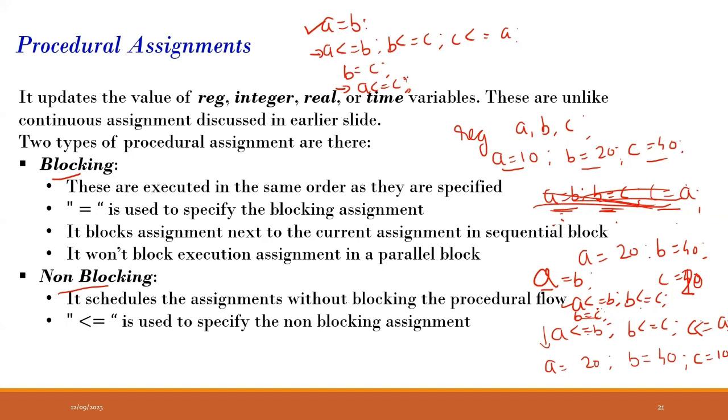This is what I'm thinking, but to verify this, we'll probably have to simulate it. Yes, sir. But the issue is, I'm thinking there may be a chance that all these non-blocking statements may execute at a stretch. Yeah, that's the doubt. We'll have to actually simulate and check this one. Okay, sir.